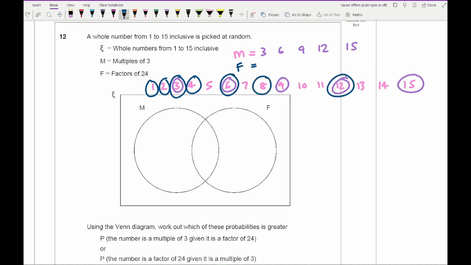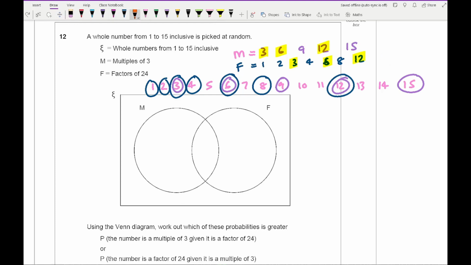So there we go. Looking at the numbers that appear in both, well, I've got 3 that appears in both, 6 that appears in both, 12 that appears in both, and that's it. And I've put 15 there, so let me just get rid of that.